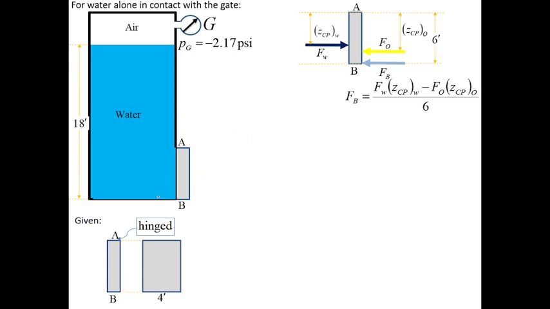So this is now the illustration. As you can see, we have only water acting on the gate, and there's no oil on the right side of the gate. This is the solution that we can do to find the force due to water.